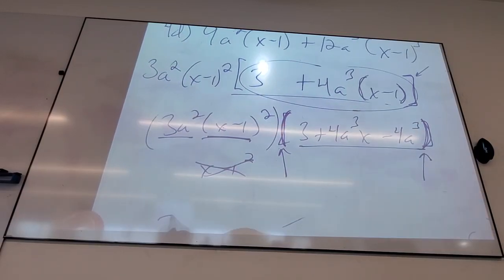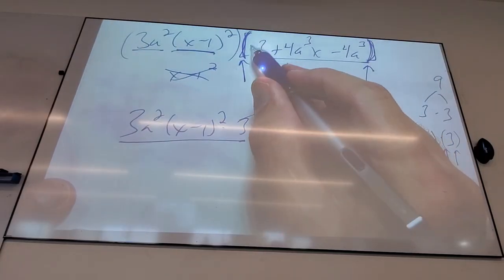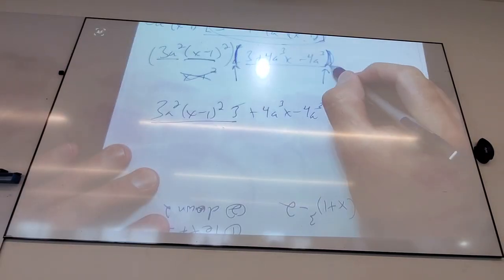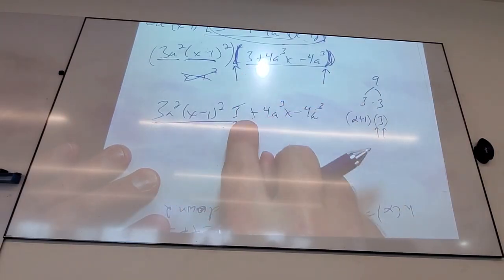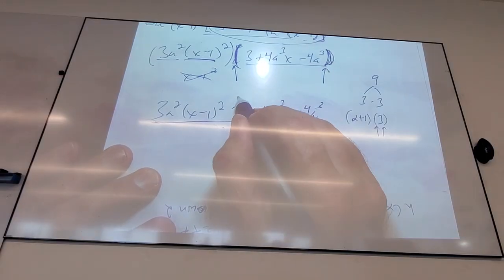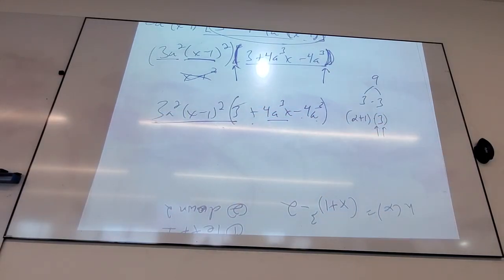If I put 3a squared times x minus 1 squared and take those away, it looks like this is one thing, plus this, minus what it's supposed to be, this times this. So those parentheses have to be there.